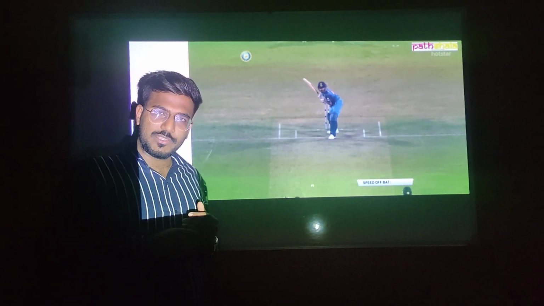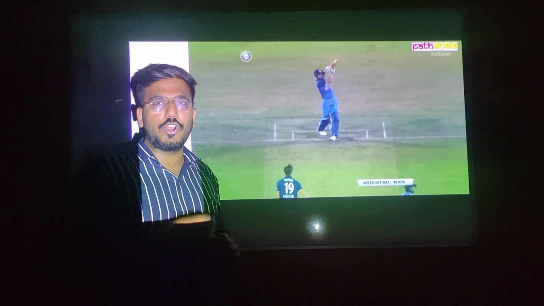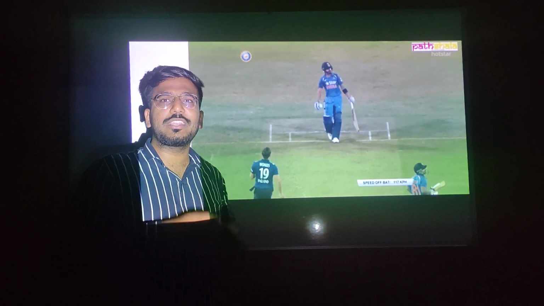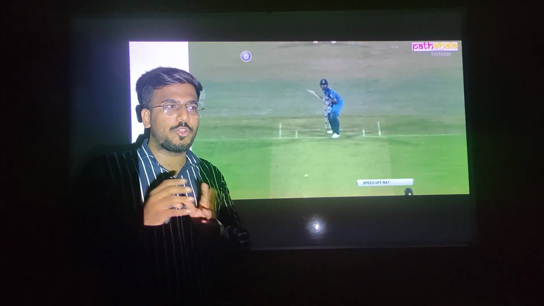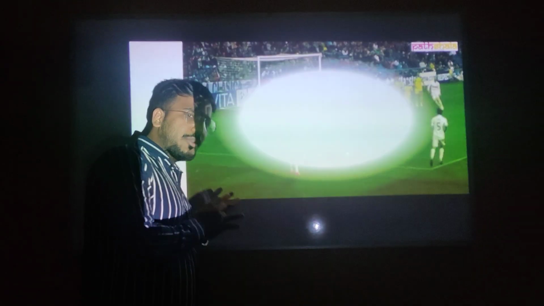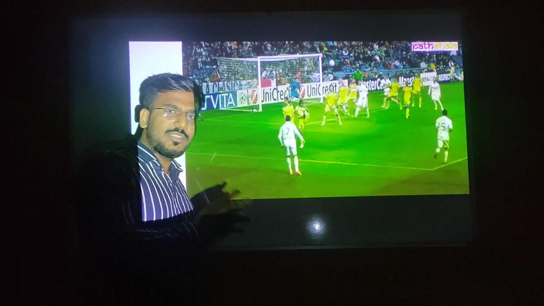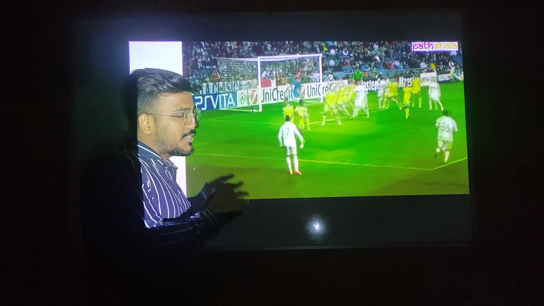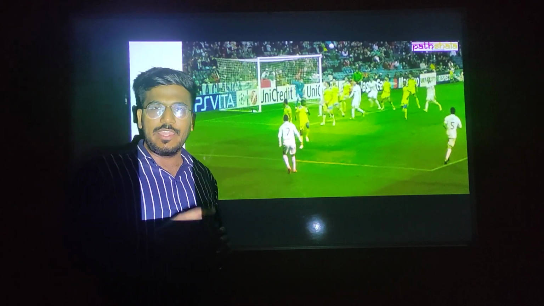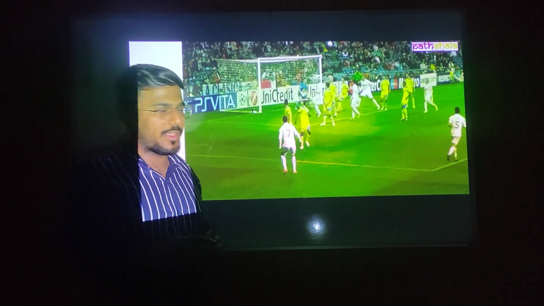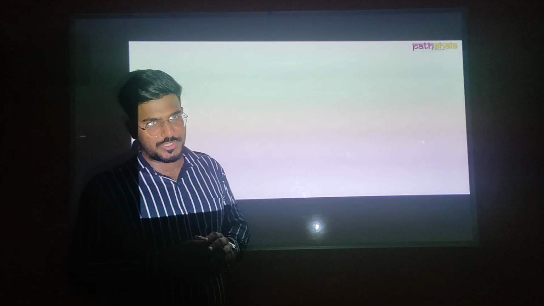The next example is, the moment Virat hits the shot, the ball changes its position continuously till it reaches the boundary, and the ball is said to be in motion. Let's see one more beautiful example. The moment Ronaldo hits the shot or kicks the ball over here, it lands into the goal post, and since the ball is changing its position continuously, it is said to be in motion. Okay, so these were a few examples of motion, children.